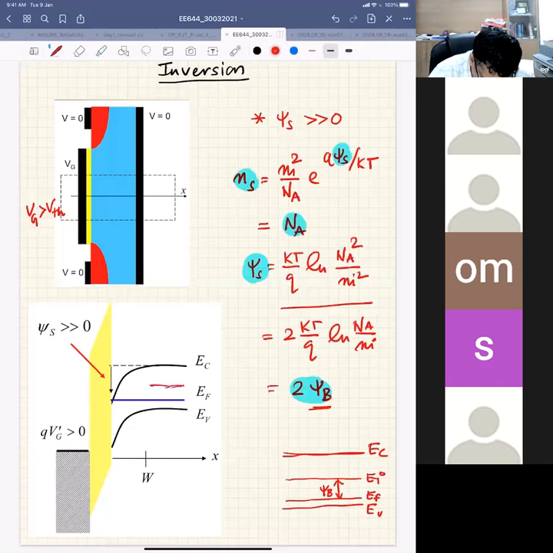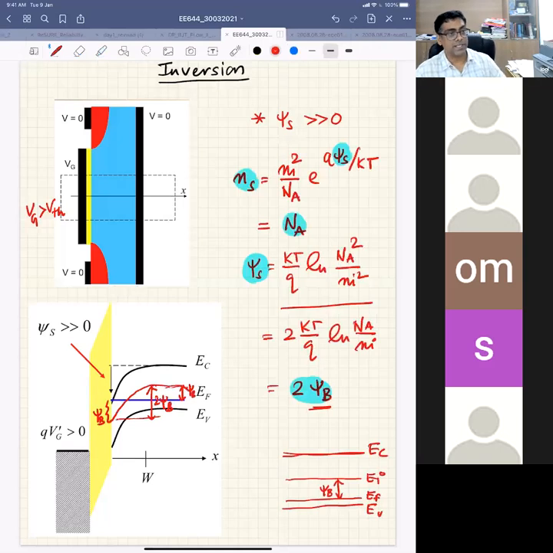This is my psi b, and your EI goes below EF by another psi b. So the total band bending is two times psi b.